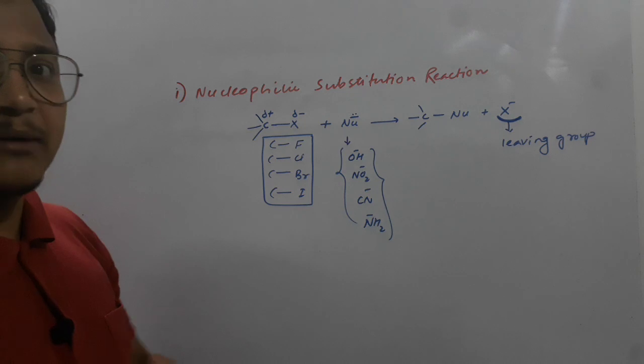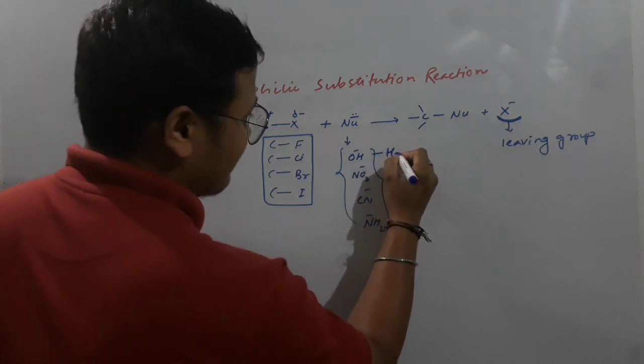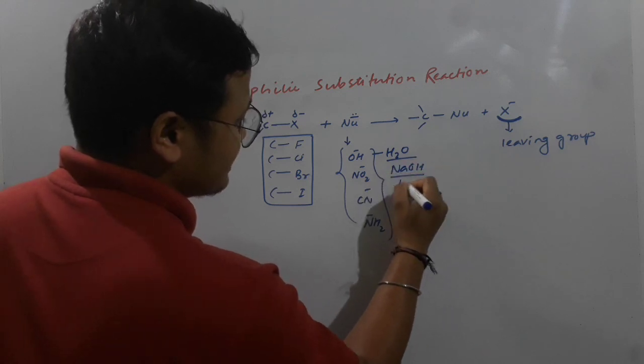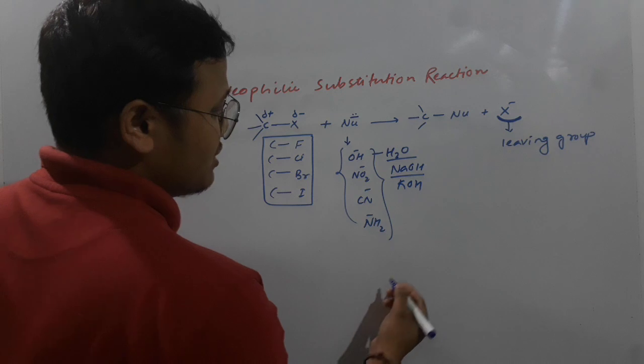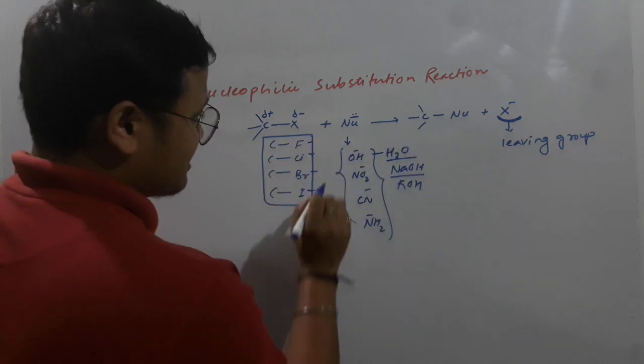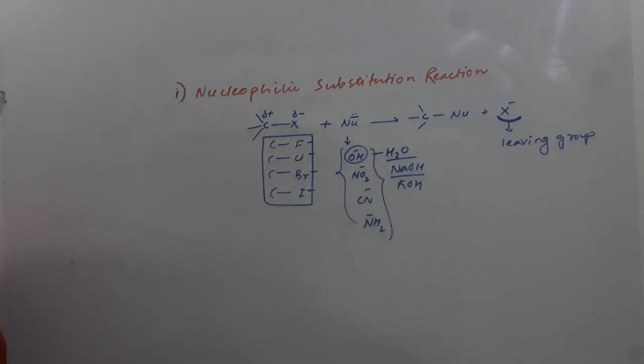What are the different compounds that can provide us OH? Suppose I can react with water, sodium hydroxide, or potassium hydroxide. When I react with any of these compounds, the halogen will be replaced by the OH group. I think you have understood these things.